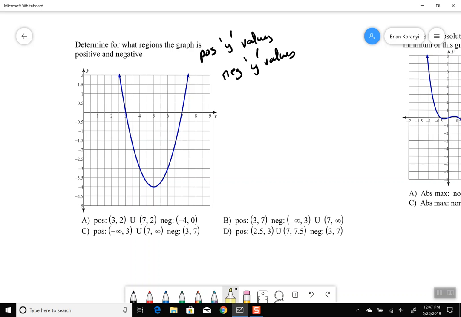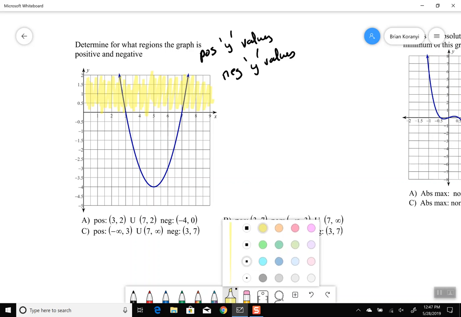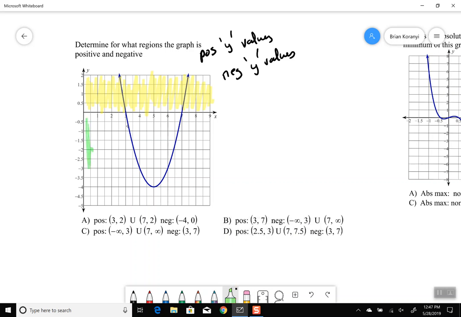So the positive y values are everything in this region here, so above the x-axis. And then negative would be in this region. So actually I need to do a little bit better job of shading here.